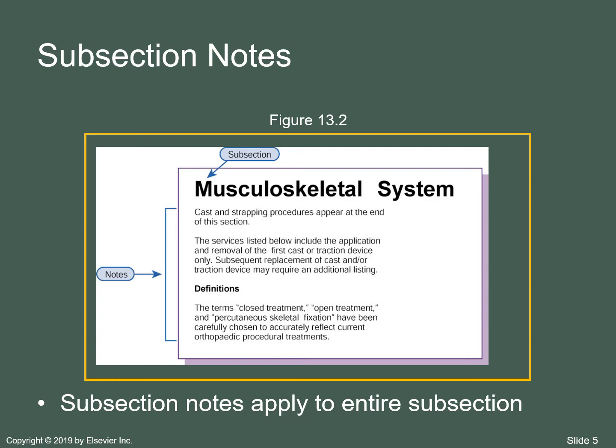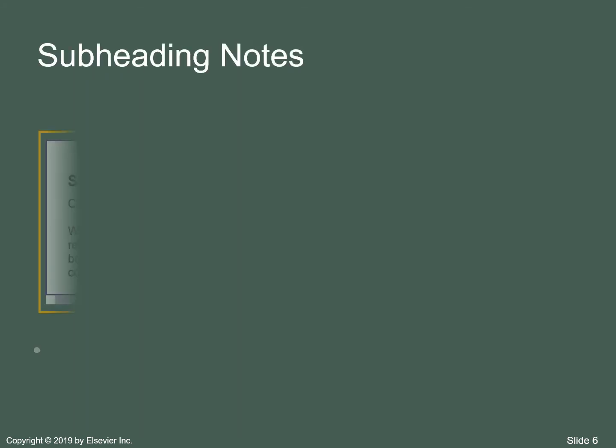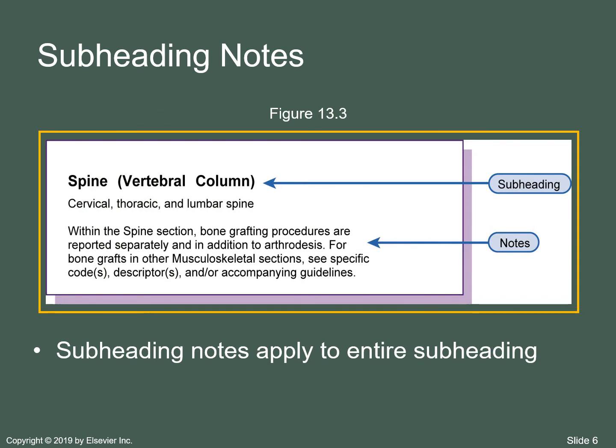So the surgery itself is the section, but the subsection note will be the section where they are actually performing the service, so you'll know exactly where to code, so we can code properly. And an example is found in figure 13.2, where it says subsection note applied to the entire subsection.